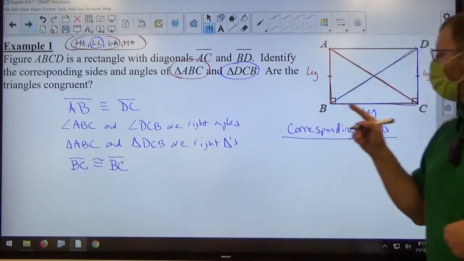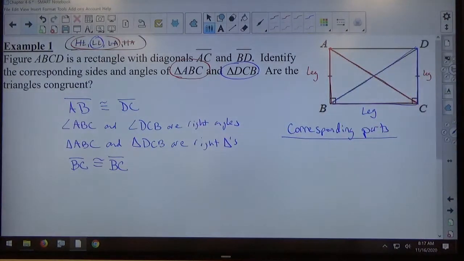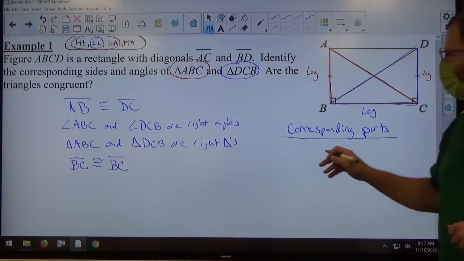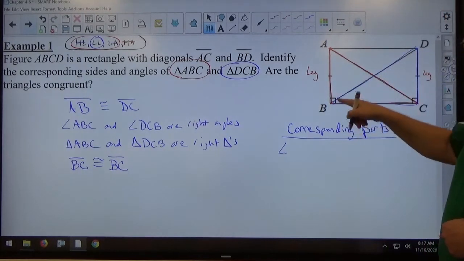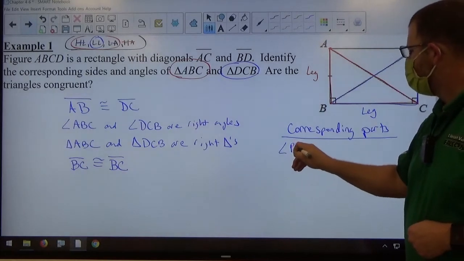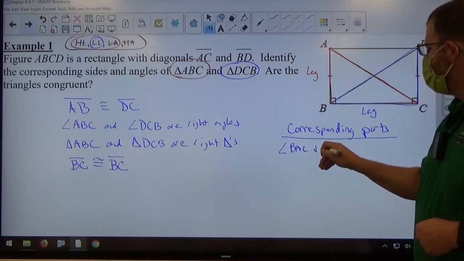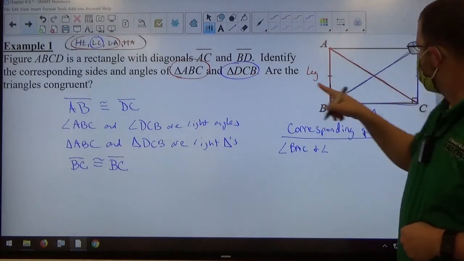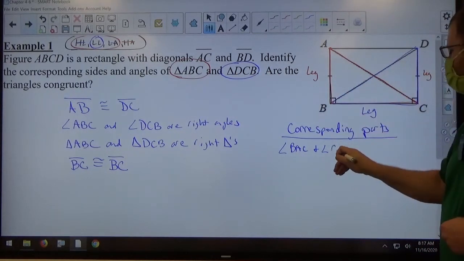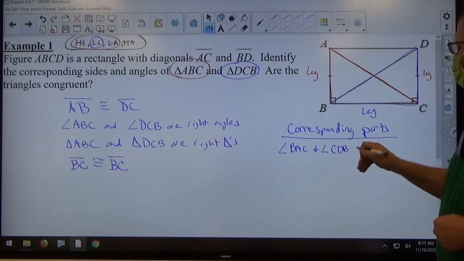The corresponding parts would be the pieces that are the same. If I take a look at the names of the triangles they give me, ABC in that order, DCB in that order, I know that angle BAC and angle CDB would correspond.